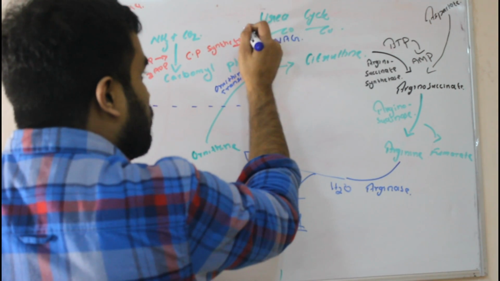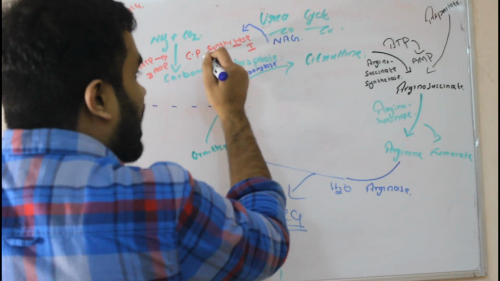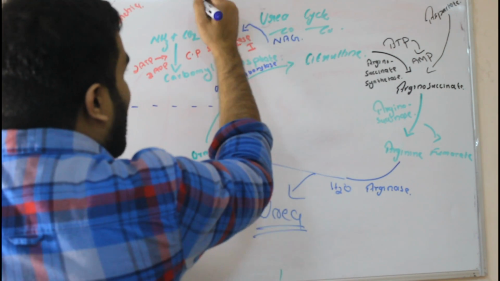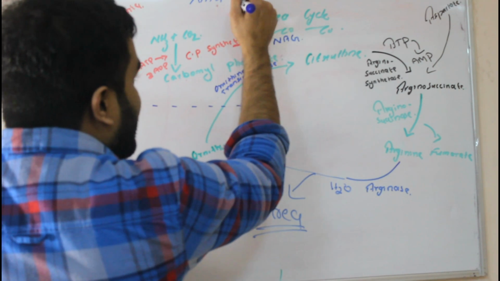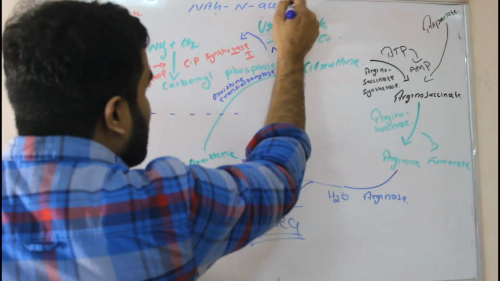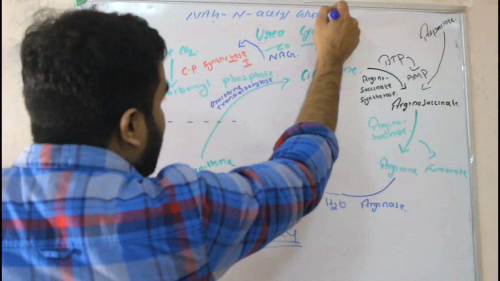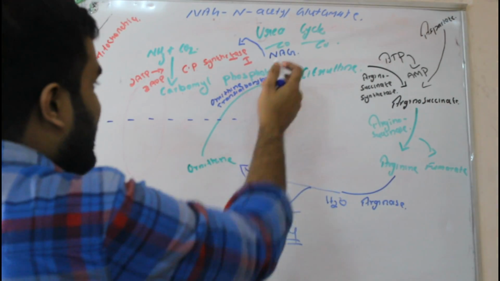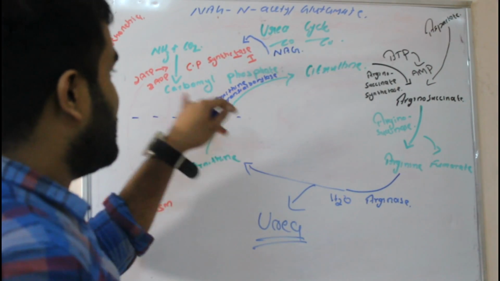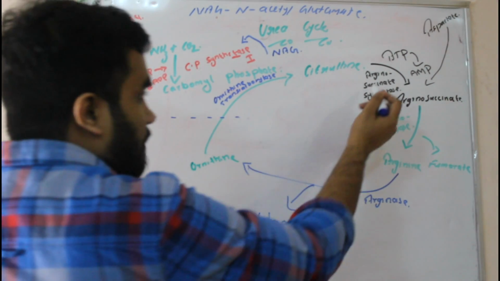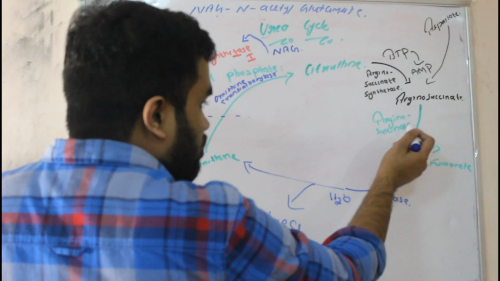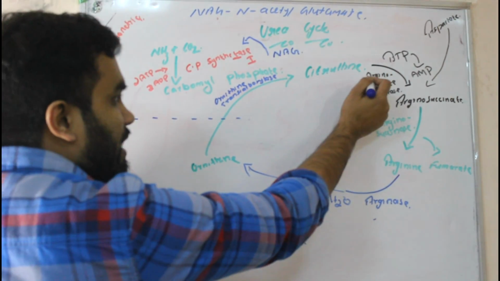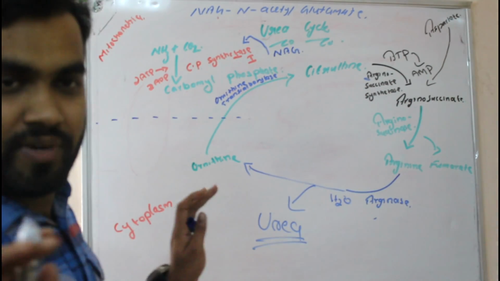This N-acetyl glutamate will activate carbamoyl phosphate synthetase 1. So NAG and ornithine transcarboxylase are in mitochondria. The other enzymes, argininosuccinate synthetase, arginase, all the enzymes starting with A, you can remember like that, are in cytoplasm. Clear?